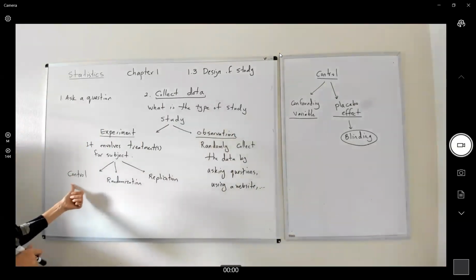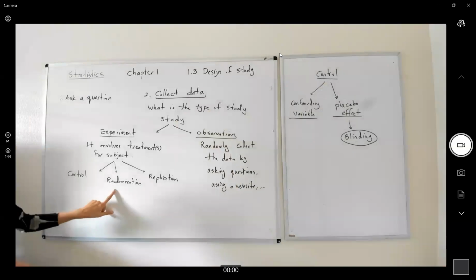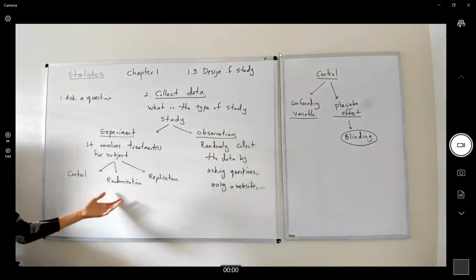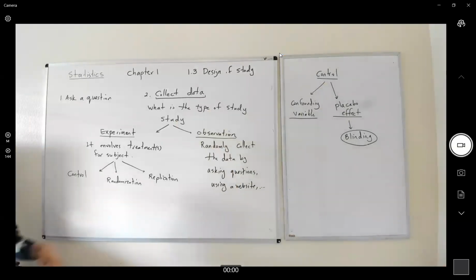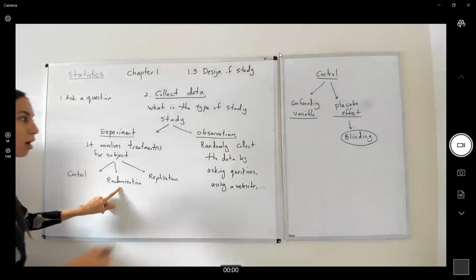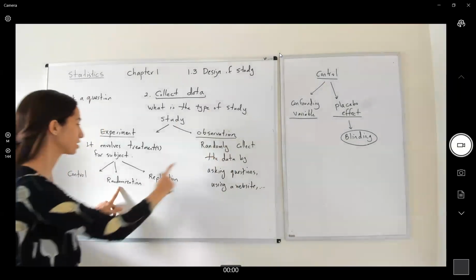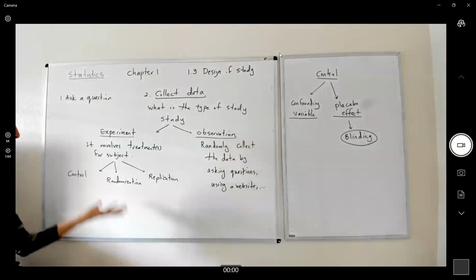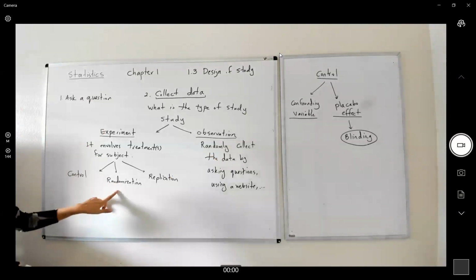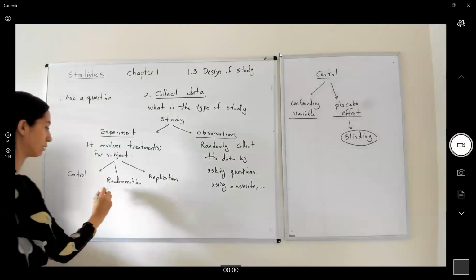So we talked about control. Now randomization, of course. Randomization is very important to avoid any bias, either in an observational study or in an experimental study.